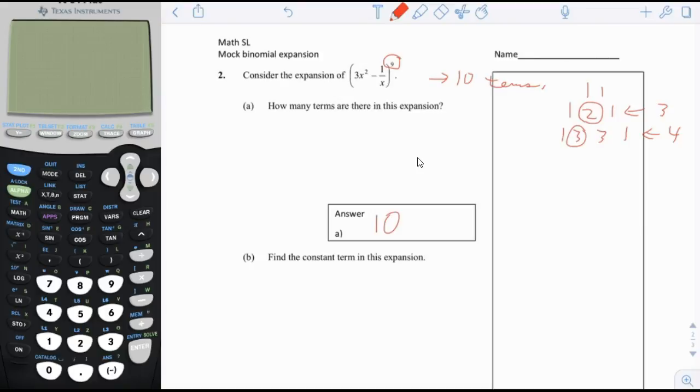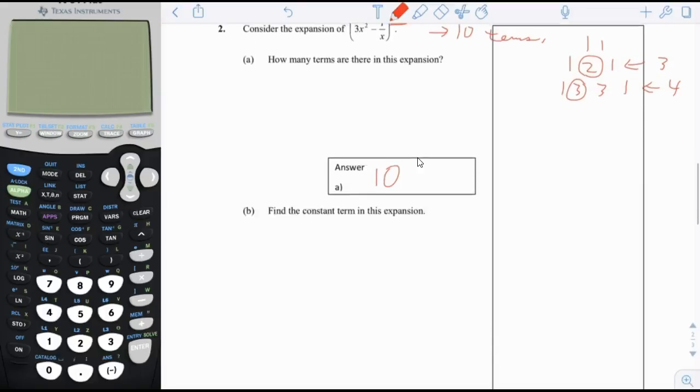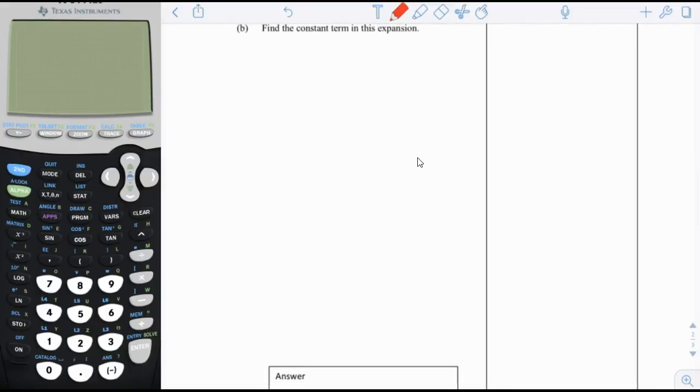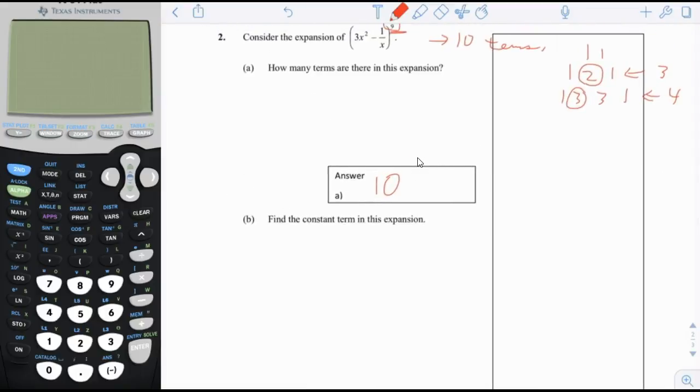Find the constant term in this expansion. And maybe for this one, since the order is so high, it's 9, maybe you don't want to do Pascal's triangle. So instead of doing my boxes method, you might want to use the general term, which you can find on the formula sheet.